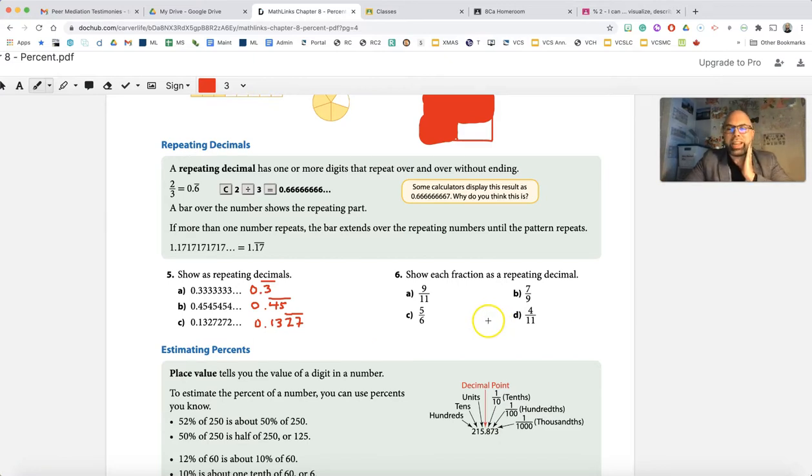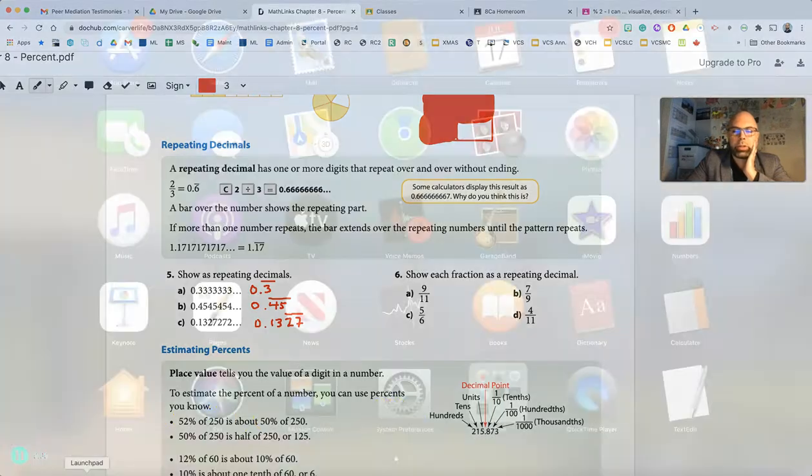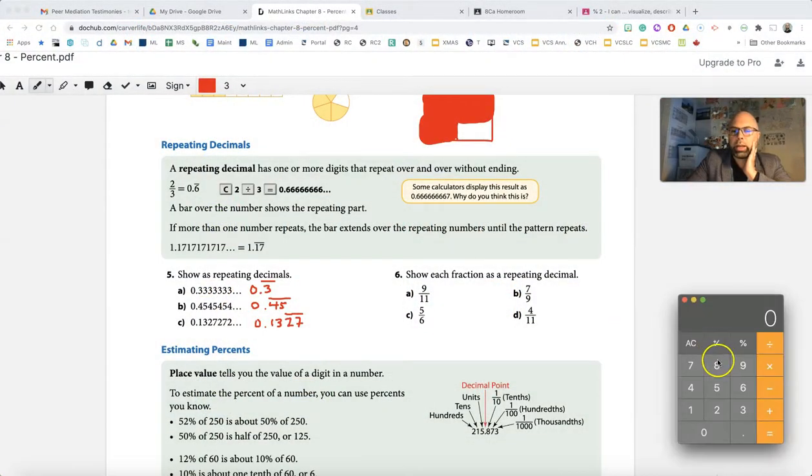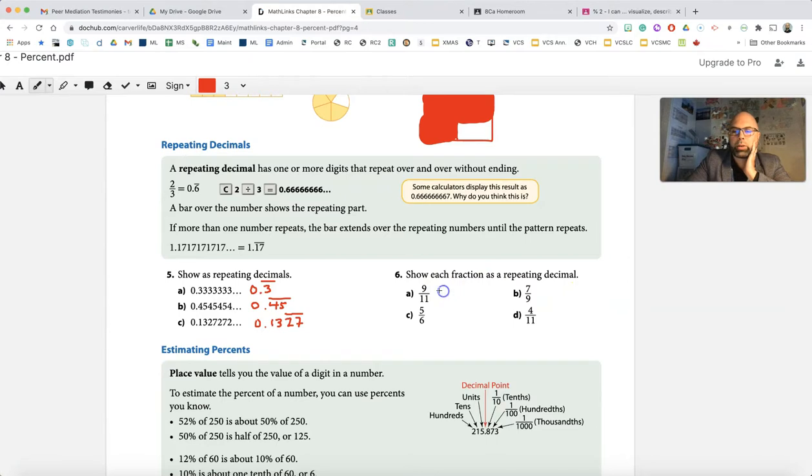Show each fraction as a repeating decimal. So how can we find the values for these? You can use a calculator, or you can do some long division. Just for the sake of time, I'm going to use my calculator. Let's say 9 divided by 11 equals 0.81 repeating.